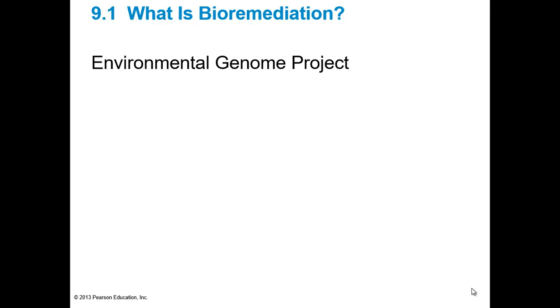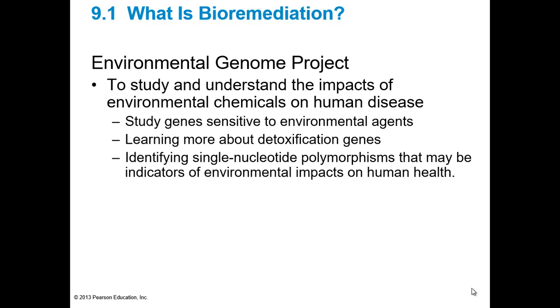To understand further what's going on, there's the Environmental Genome Project, which looks at the interactions between genes and environmental chemicals, not only in human health, but also at genes that are involved in detoxification, say in microbes and other organisms. And then finally, identifying SNPs that might be indicators of environmental impacts on human health. Some people that have specific SNPs or mutations may be more susceptible to contamination than others.